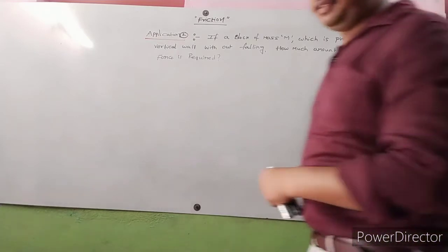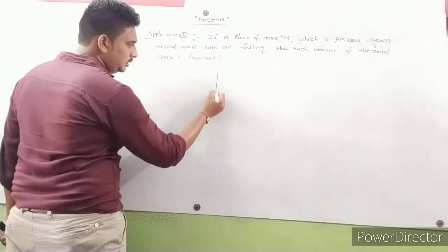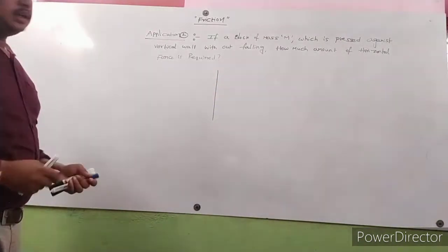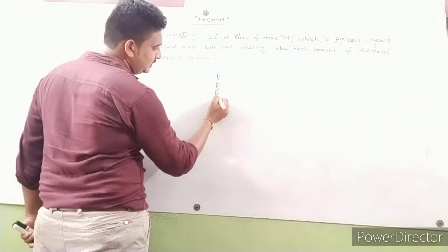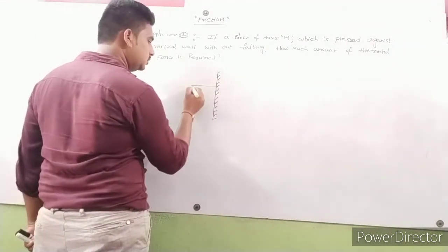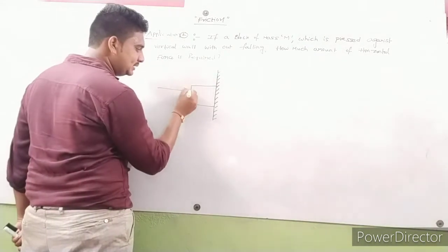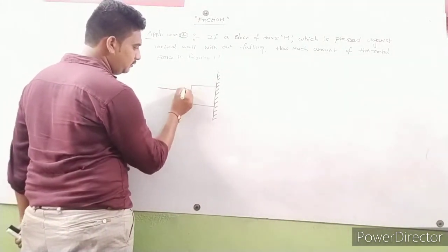So observe carefully. Here, this is a vertical wall. The surface is a rough surface. Here is the block. A block is pressed with some applied force.